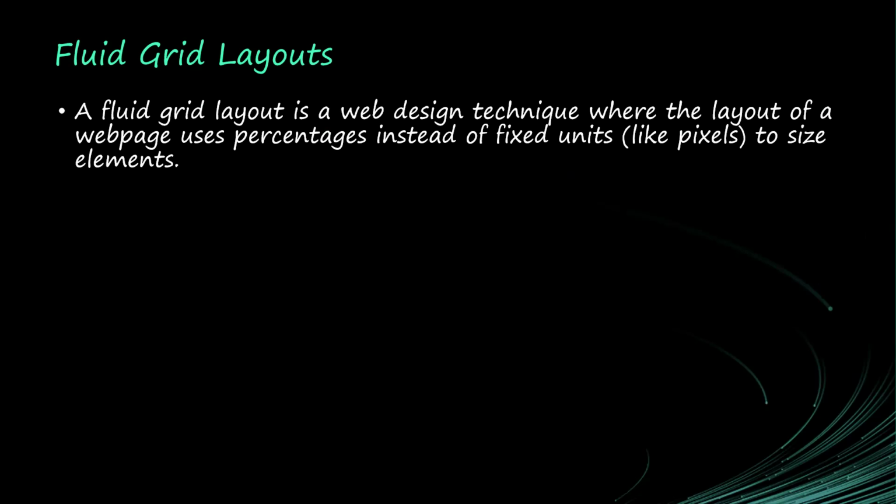When you want to say the width of an element is 20 pixels or the margin is 20 pixels, stop using fixed units. Don't use fixed units to size your elements. Use percentages, use EM, use REM, use vh, vw, we'll be talking about that later. Now I'm going to show you an example of this.